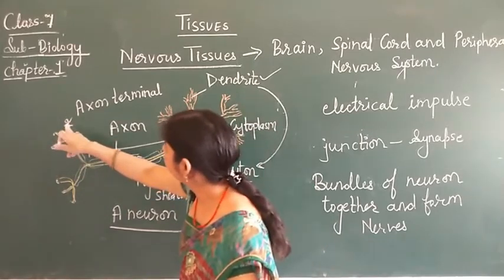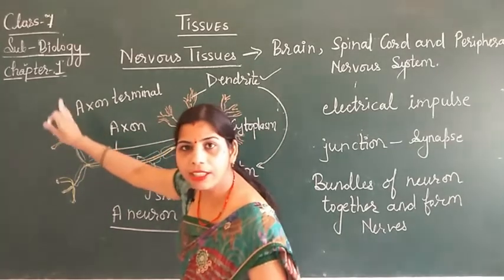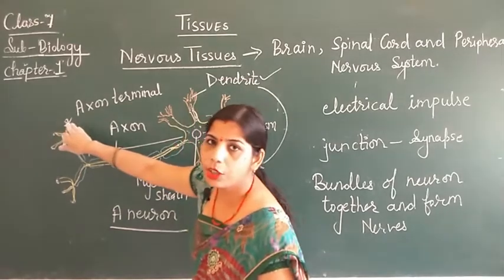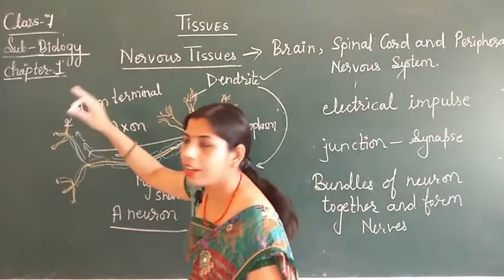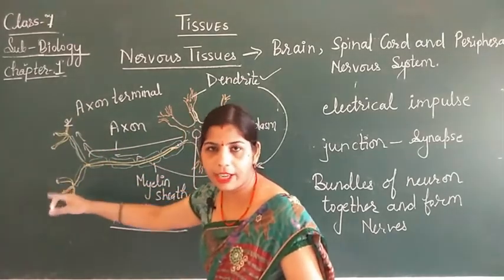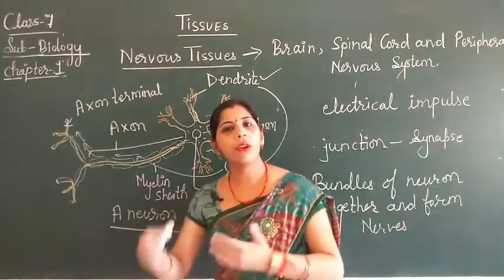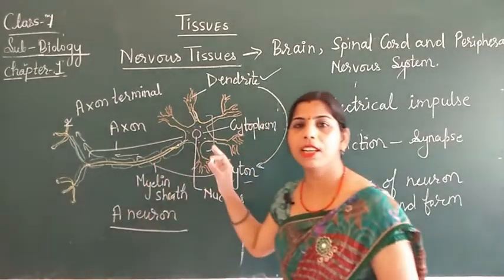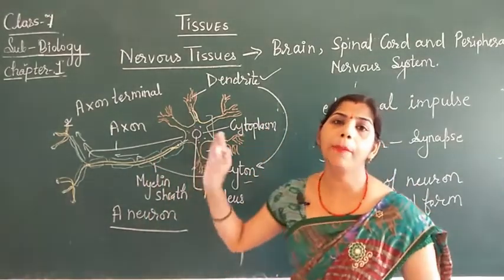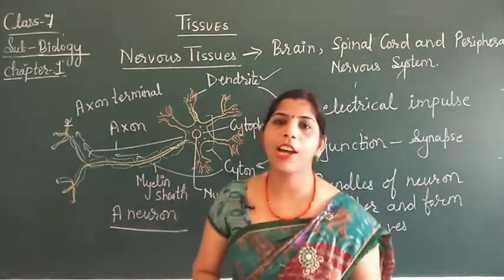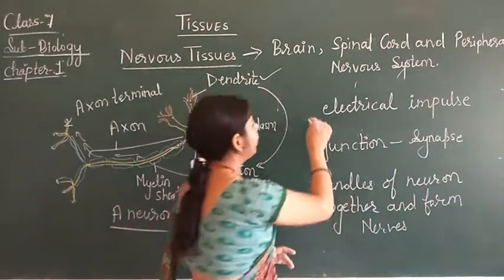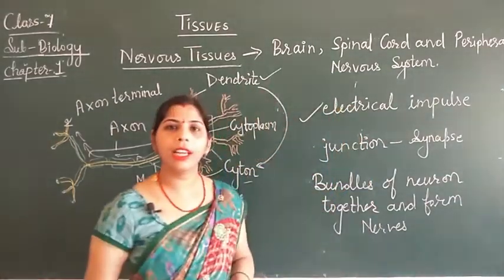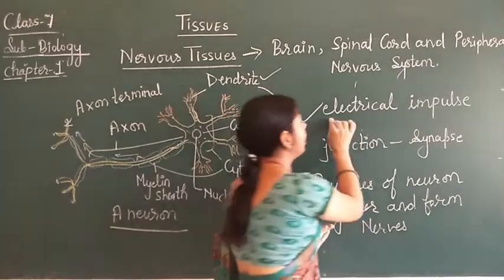From this end, the axon terminal is attached with the next neuron's dendrite and the message is transferred to the next dendrite. And the dendrite again follows the same function. That means this type of channel, this type of network is there in our body to transmit messages. And the message is transmitted in our body in the form of electrical impulse. So keep this in your mind.